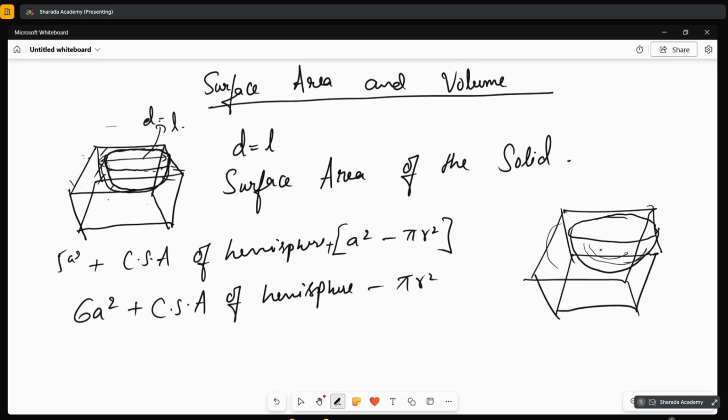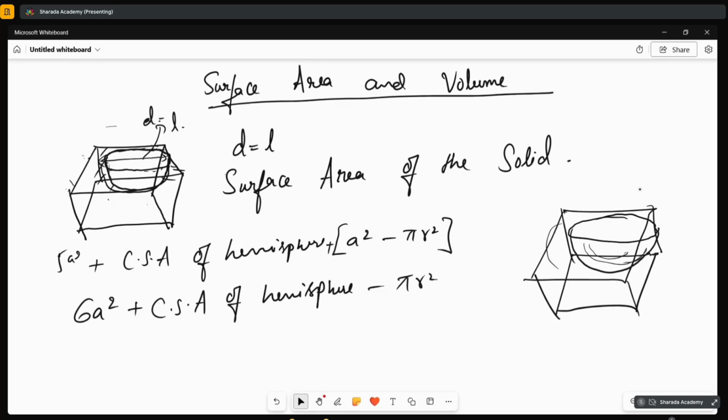Wait 1 minute. Only the curved surface I am taking here. In the cube, 5 faces first I will paint. Correct? I have scooped some portion in that. That also I have to paint.